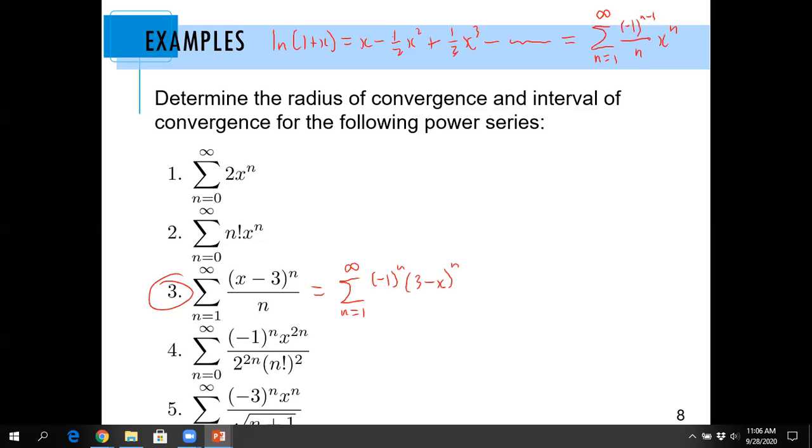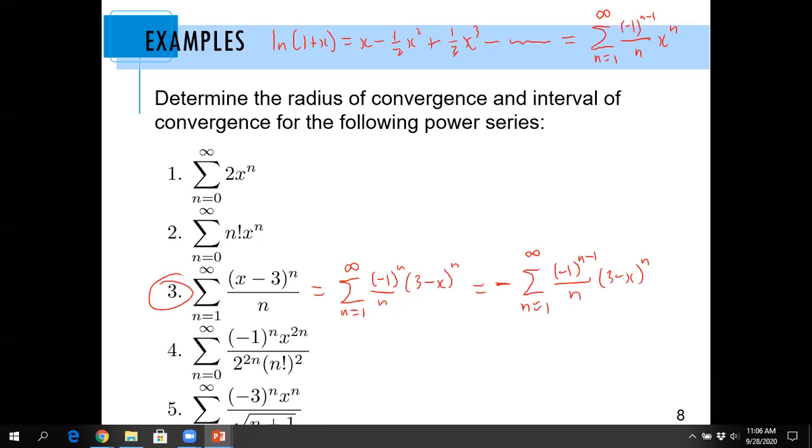What did I just do from each one of the factors of x minus 3? What did I just factor out? A negative 1, okay? And then I can rewrite this. I could pull out a minus sign and say minus the sum, n going from 1 to infinity, of minus 1 to the n minus 1 over n, and then this is 3 minus x to the n.